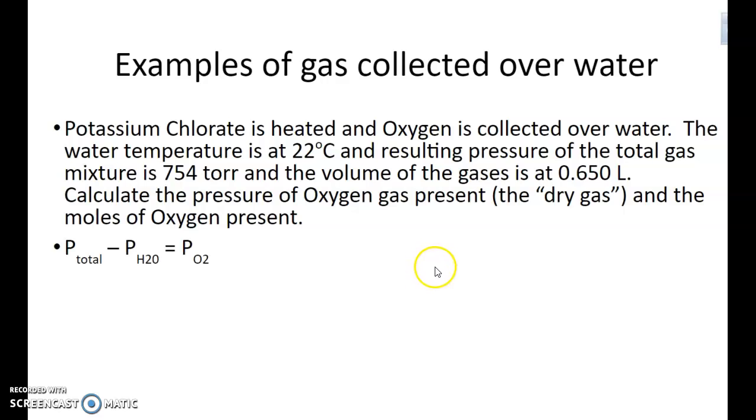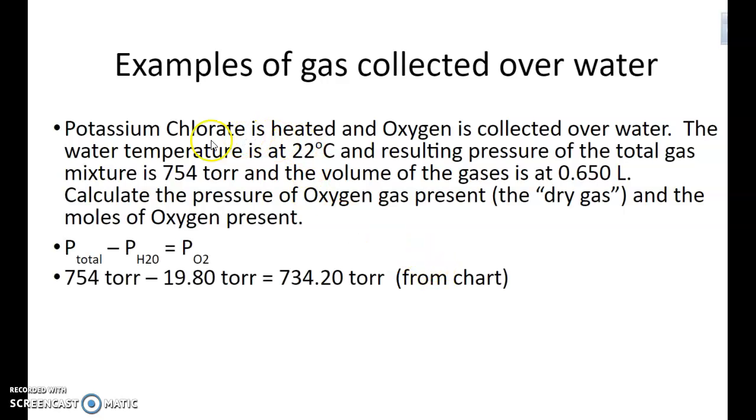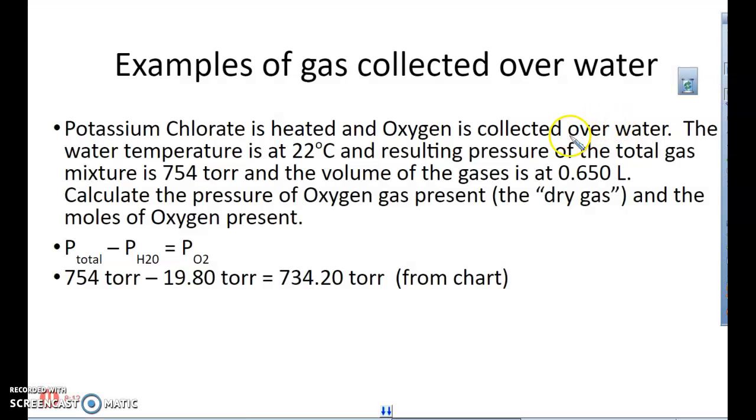And so I have an example here where I'm going to heat some potassium chlorate. Oxygen is collected over water, and we're at 22 degrees Celsius, so I know that I have to subtract out the water vapor pressure. And so I'm going to go back and check that chart. I'm going to see it's 19.80 torr.